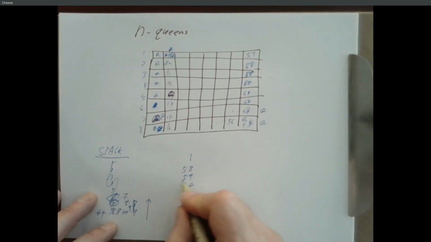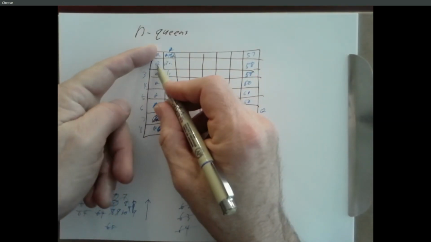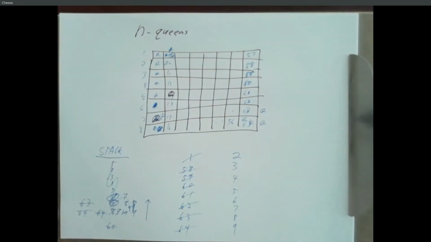I'm going to pop all of these off, and eventually I'll pop off the 1, add 1, make that a 2, and then I'll push on the next positions, and now I'm examining a solution where my first queen is in box 2, and my other queens are lined up right after that.